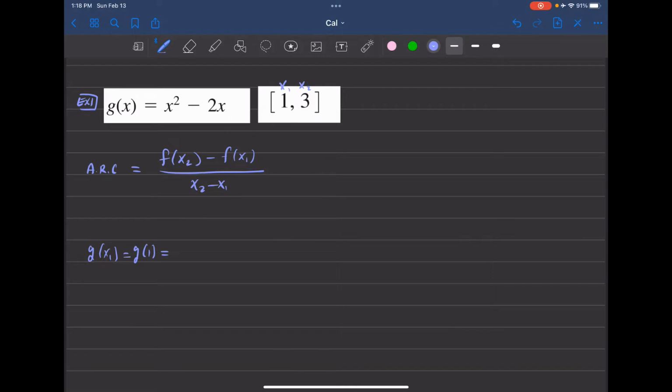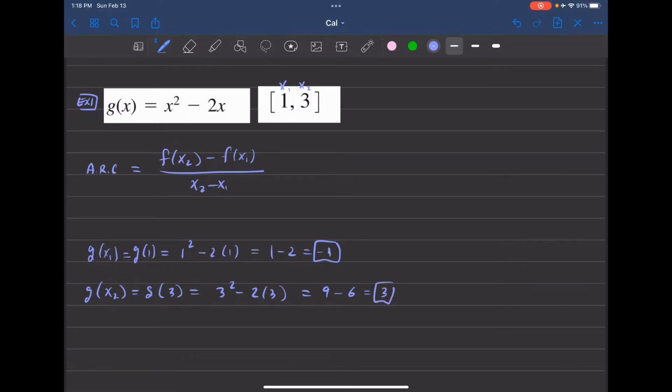So g of 1 is going to be 1 squared minus 2 times 1. So that's 1 minus 2. That is negative 1. And then g of x2, it's going to be g of 3. That is 3 squared minus 2 times 3. That would be 9 minus 6, which is 3. So we found our function values.